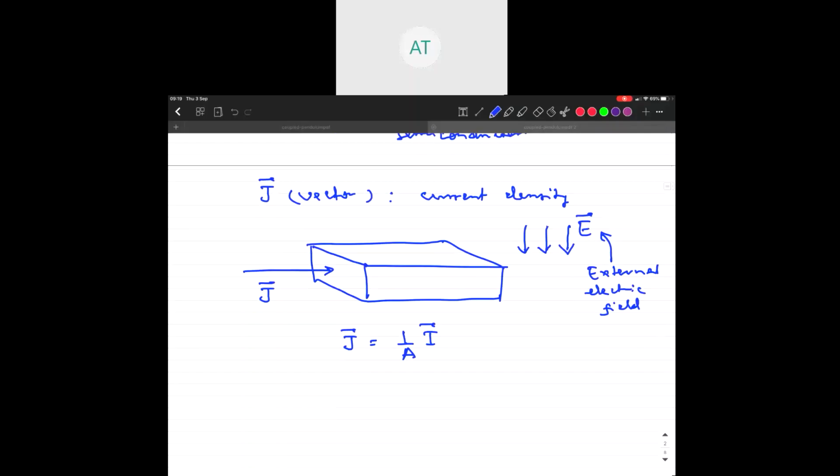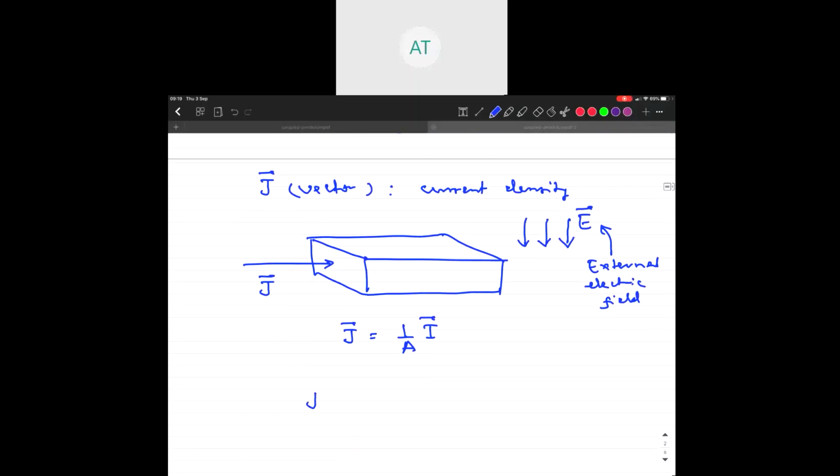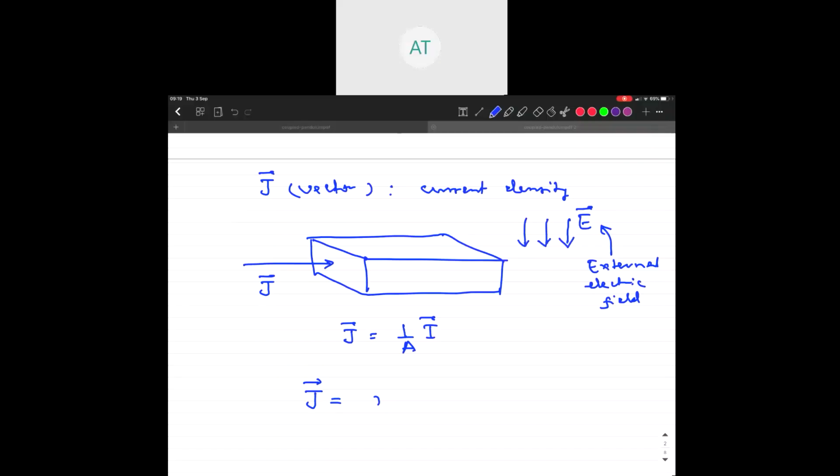So then, in general, this current density J could be written as a quantity sigma times E, right? So E again is a vector with three components, Ex, Ey, Ez.